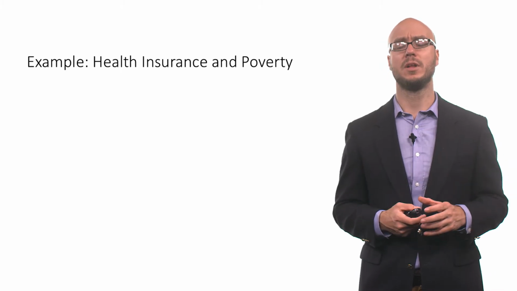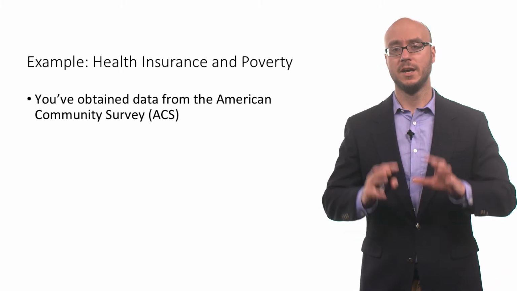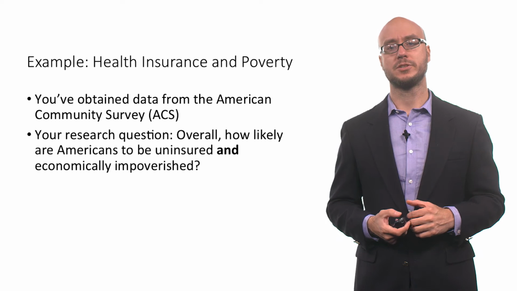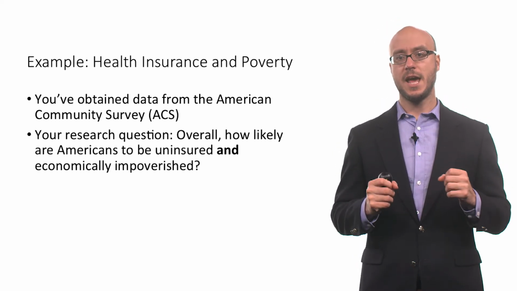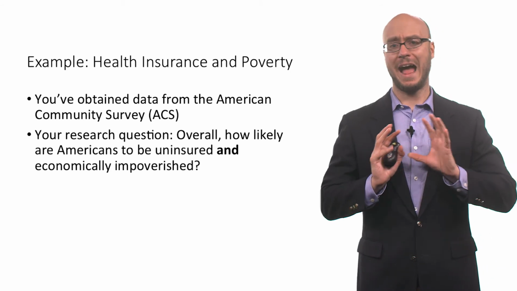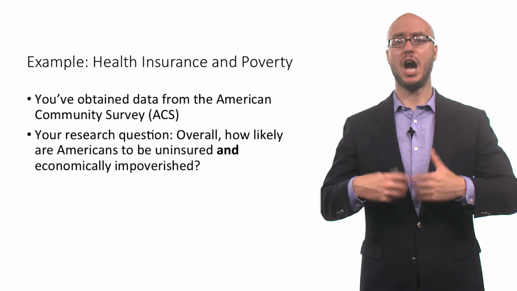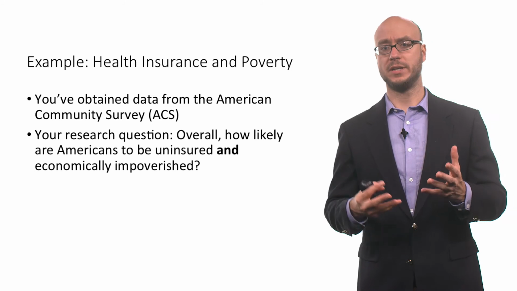So let's look at an example of health insurance and poverty. Again, you are a public health researcher, and this is your research question. You have this set of data, and earlier we asked, how likely is it that Americans are to be uninsured? And we found the probability is 0.12. But now we have two events.